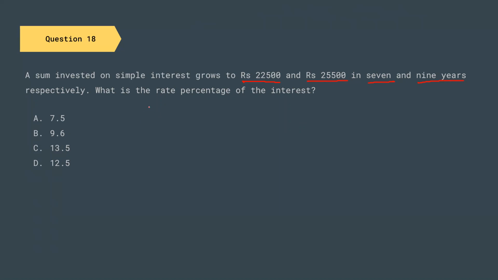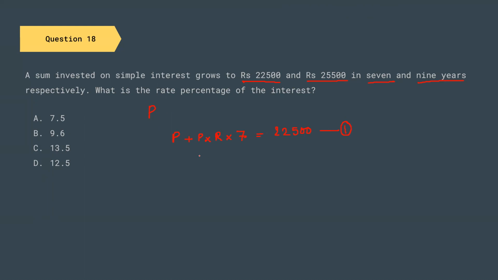So let us assume that the principal amount is P. If the principal amount is P, we have P plus P into rate of interest R into time 7 years, and that gives us 22,500. This is equation number 1.